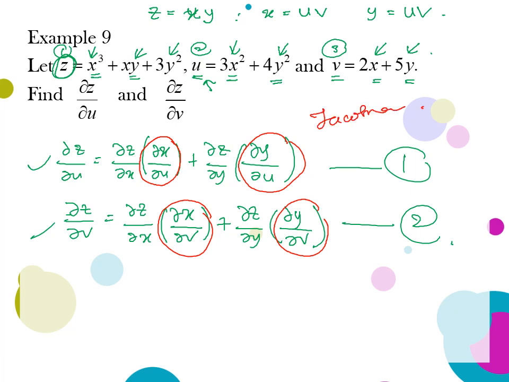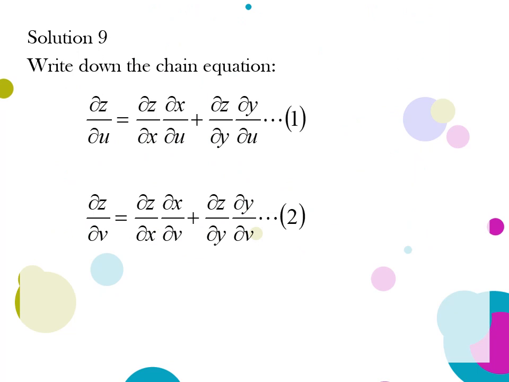Okay, you see, you need to calculate your Jacobian, and then in the second step you find del x del u, and then you can apply the chain rule. Right, so it is a long process. So I have written down these two chain rules in the first slide just now. Right, then we proceed to the next step.